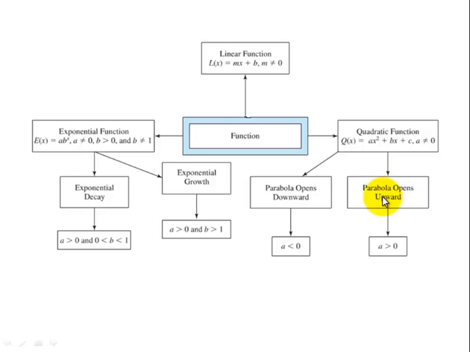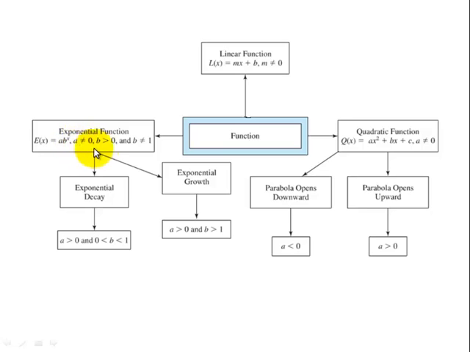If the parabola opens upward, a is greater than 0. If it opens downward, a is less than 0. If the parabola opens upward, it has a minimum point. If it opens downward, it has a maximum point. Next, we looked at exponential functions, and that can be written as e of x equals a times b to the x power.